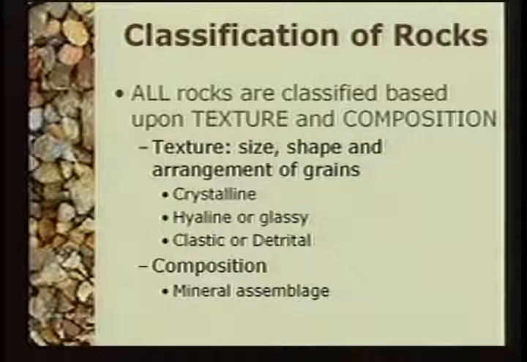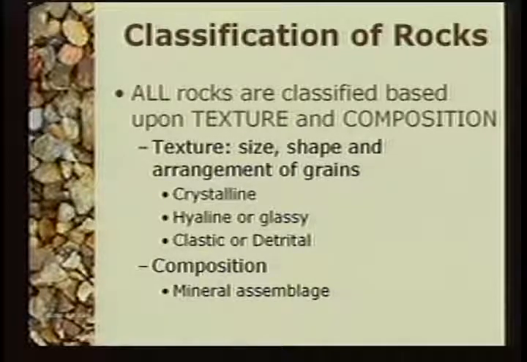Okay, so how do we identify rocks? Let's suppose that you receive a rock kit, and instead of having your rocks identified as igneous, sedimentary, or metamorphic, you have a big pile of rocks, such as some of the ones that I have here in front of me. Now, how do you go about classifying some of these rocks? All rocks, whether they are igneous, metamorphic, or sedimentary, are classified based on two properties.